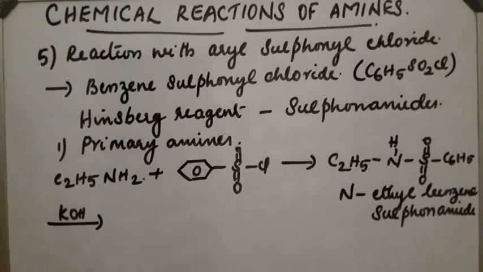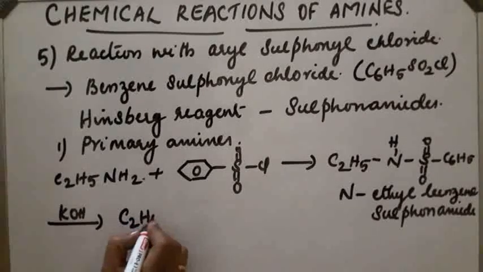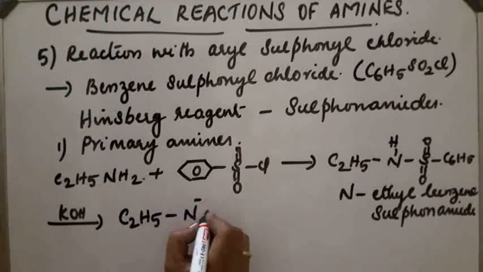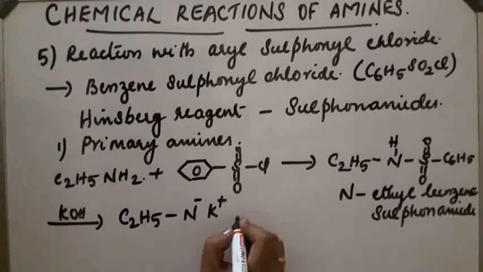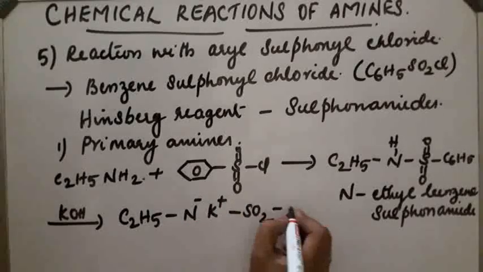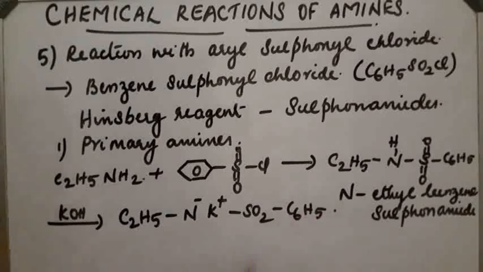The product will be C2H5 N minus K plus SO2C6H5, and the product obtained will be soluble in alkali.